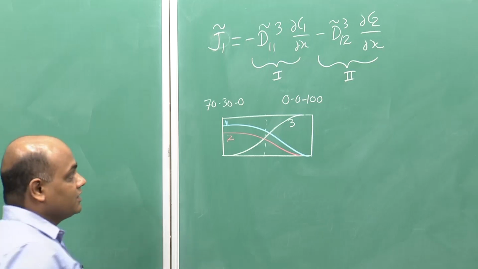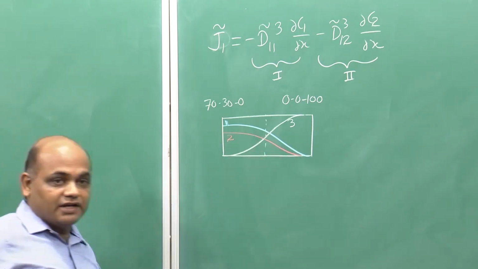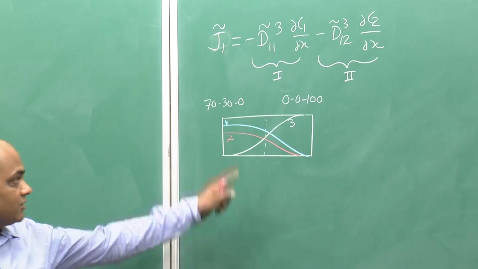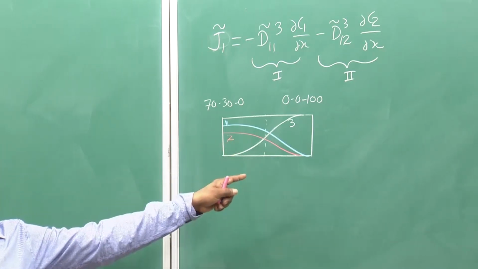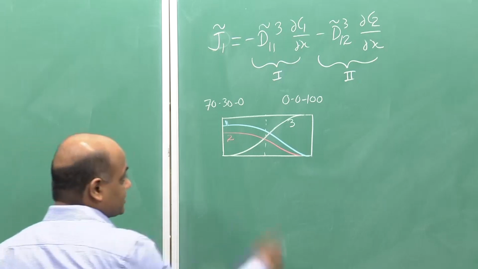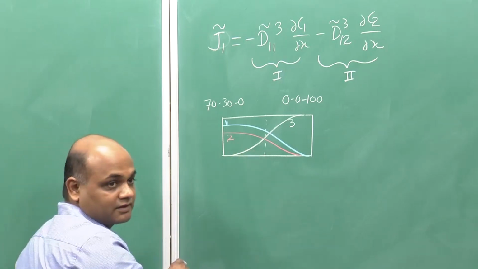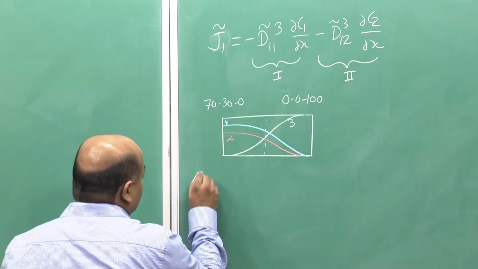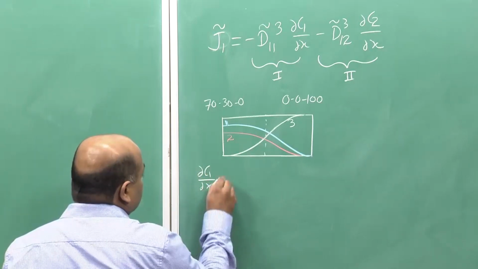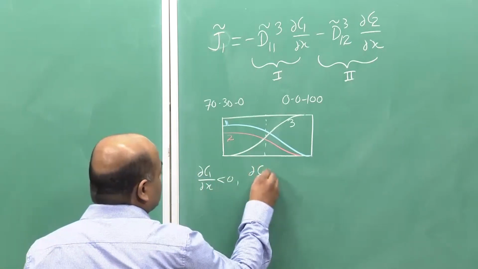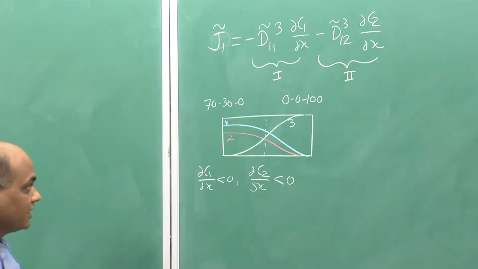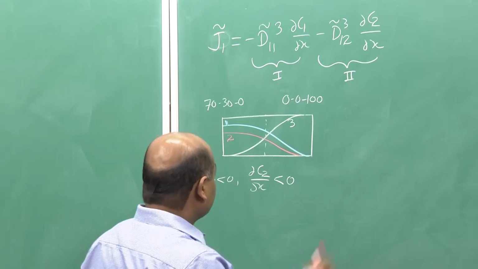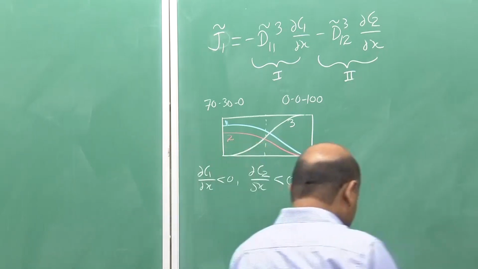In other words, both gradients have the same sign. What is the sign of the gradients of 1 and 2? Negative gradients. So both dou C1 by dou x is less than 0 and dou C2 by dou x is less than 0.